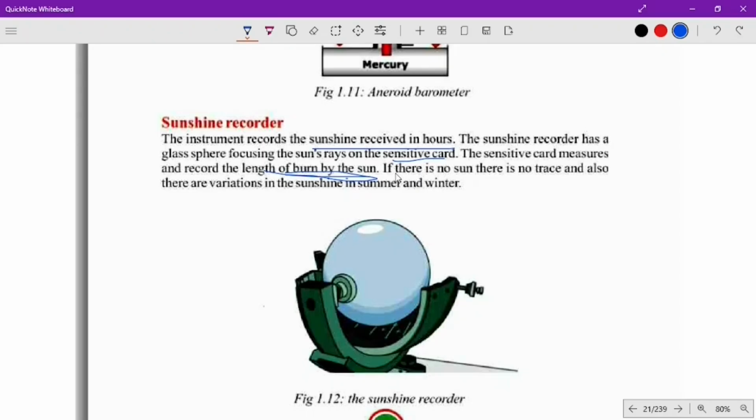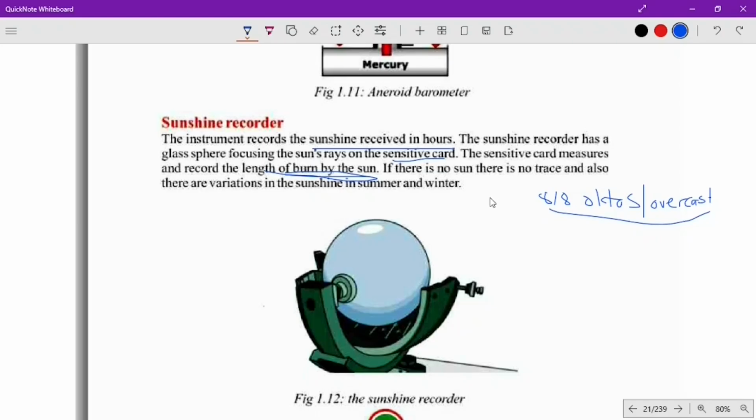So it means if the cloud is 8/8 octas, which means it is overcast, then there is no sunshine, and then our sensitive card will not have any burn marks. When it is overcast, guys, there is no sunshine.